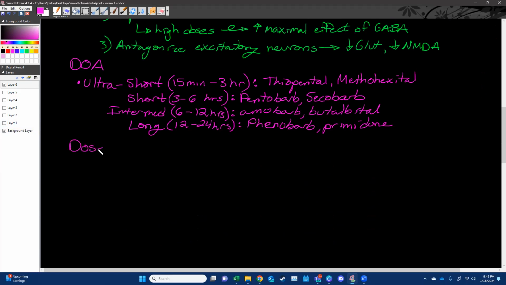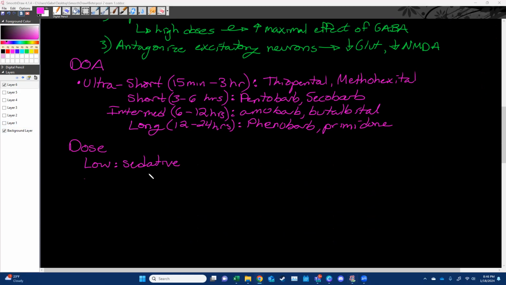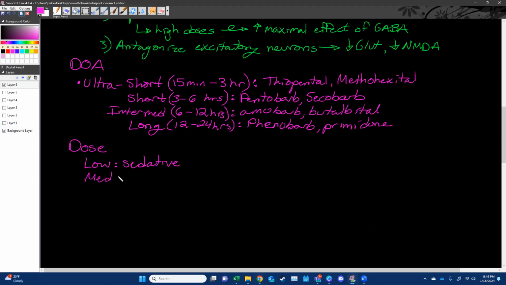When we talk about dose, our low dose is primarily going to be as a sedative. So we're trying to put the person to sleep. Their medium dose is a hypnotic.